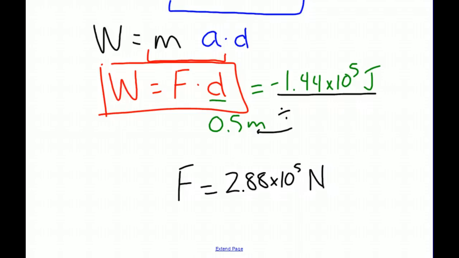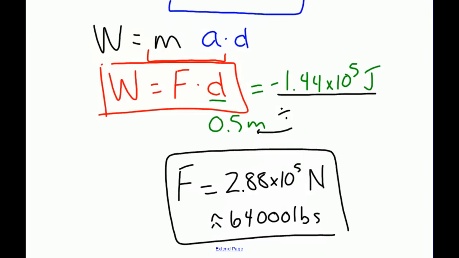Converted into pounds, that's approximately 64,000 pounds of force. That is a lot of force.